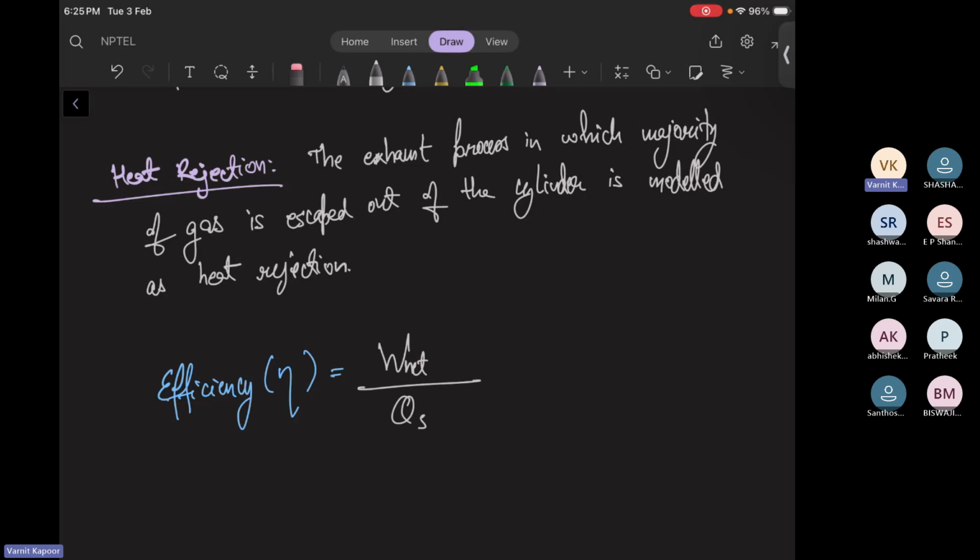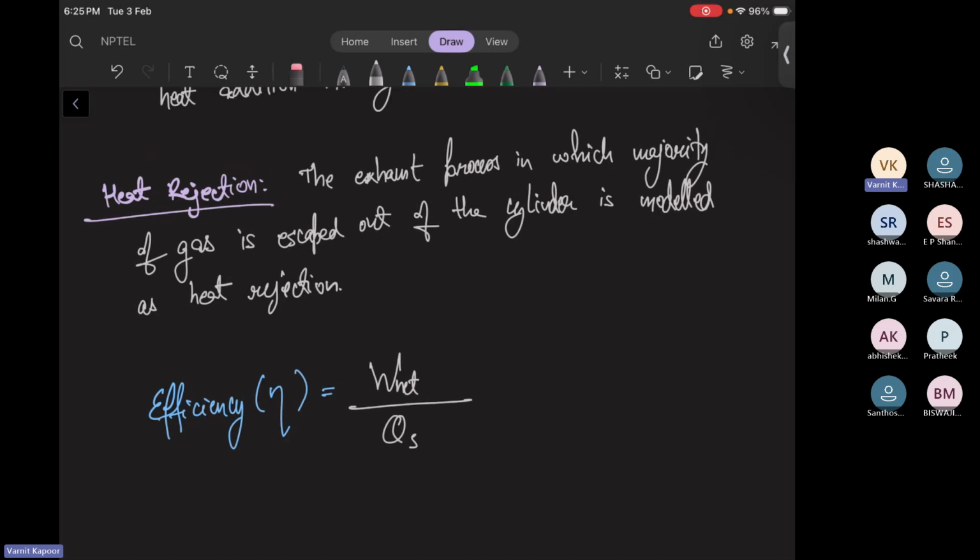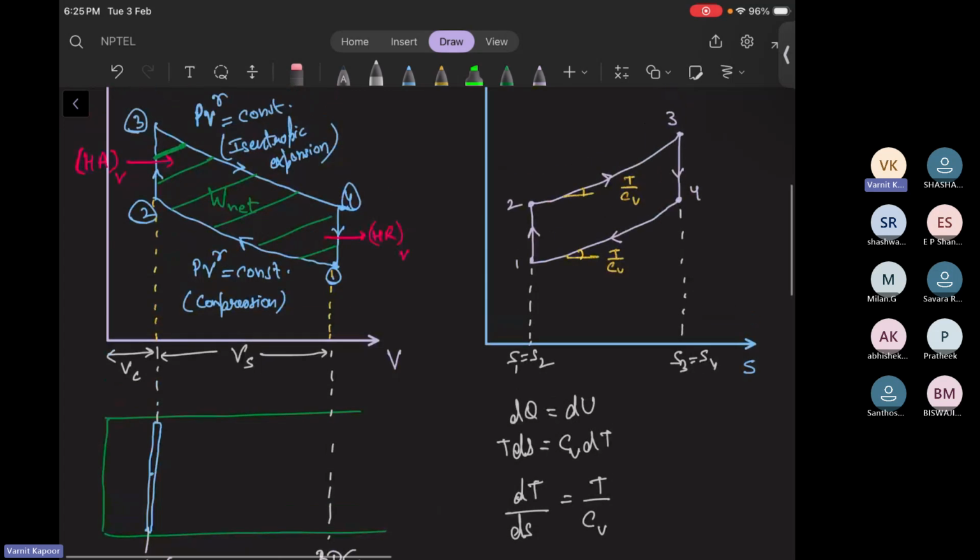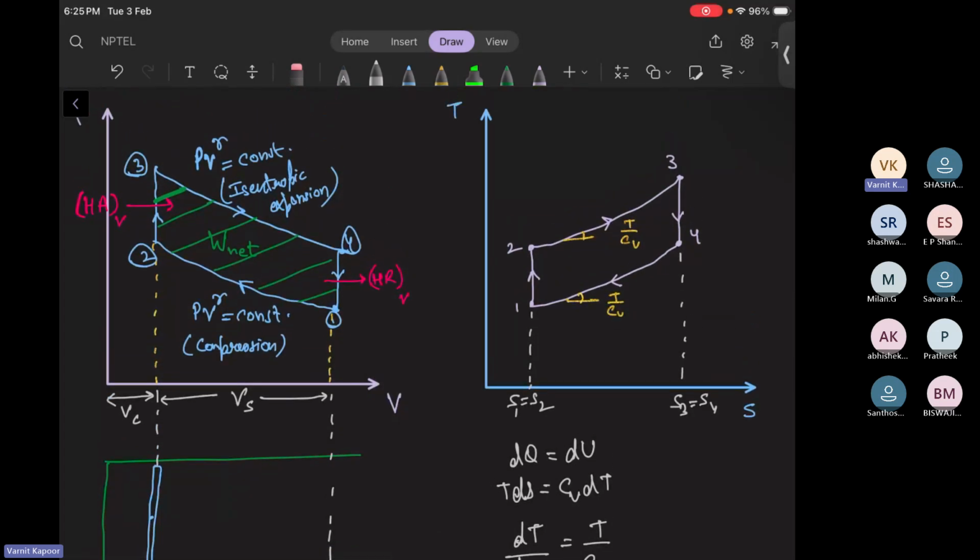Okay. So what is the net work? Net work will always be how much heat you supplied minus how much heat was rejected out of the system. You supplied some heat and you rejected some heat, and the difference of this will give you the net work.